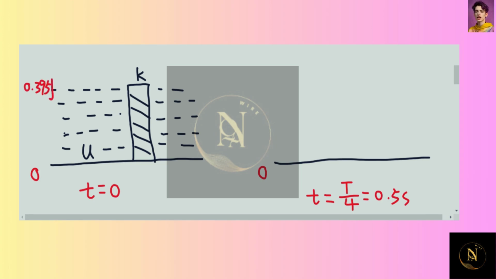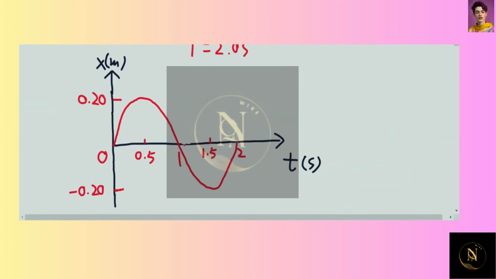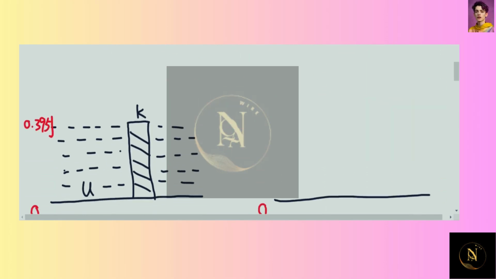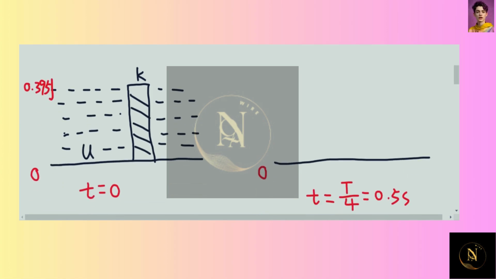And when time becomes 1/4 of the time period, which is 0.5 seconds, if you take a look at the graph at 0.5 seconds, the displacement becomes a maximum, which means that it's at amplitude points. Okay, so therefore the potential energy is equal to the total energy of the system.